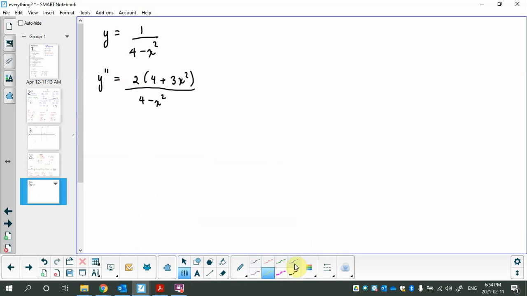And now I'm changing to blue because that's all I retained. And I'm letting the second derivative equal 0. And just like every other rational function, if a fraction is on one side, I should put a fraction on the other so I can cross multiply.